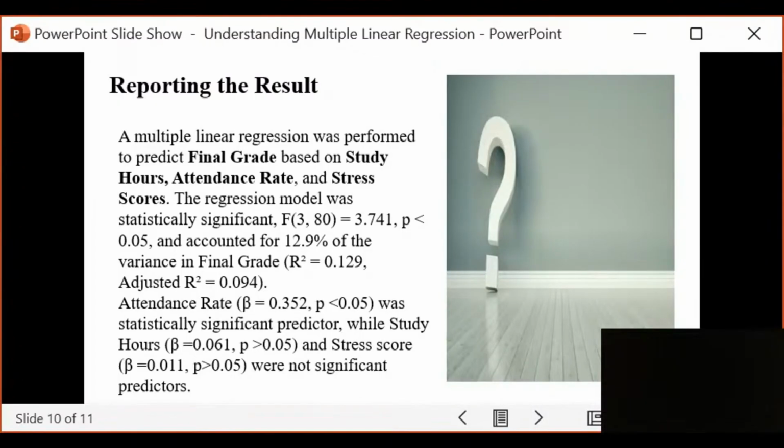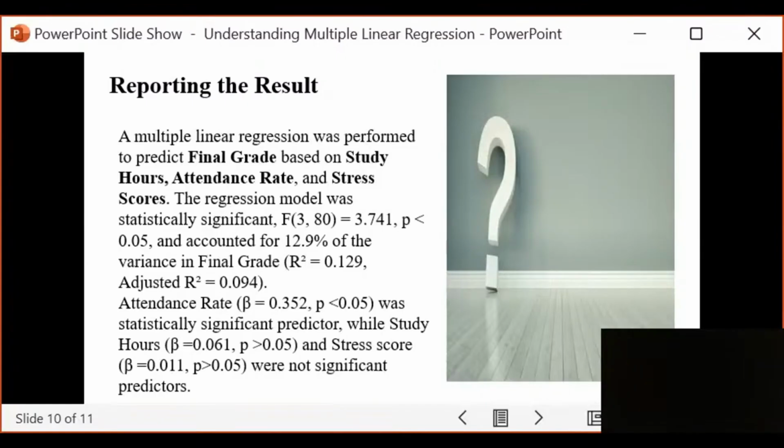So let me just explain to you. Anyway, nababasa niyo naman dito. So ang ibig sabihin nito is that we conducted a multiple linear regression analysis to predict students' grade based on three predictors. We have study hours, attendance rate, and stress scores. Okay. Ano ang nakalagay dito sa report natin? The model significance.